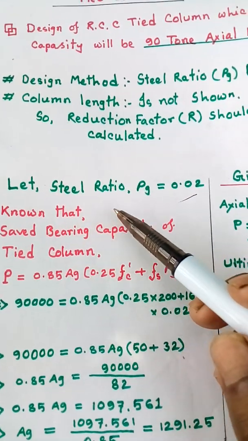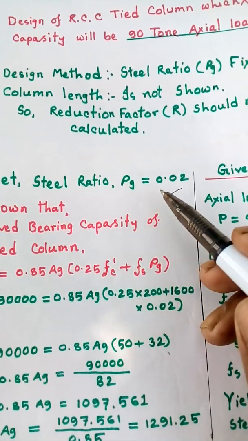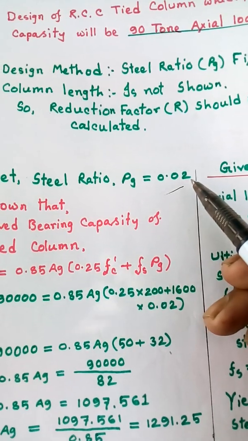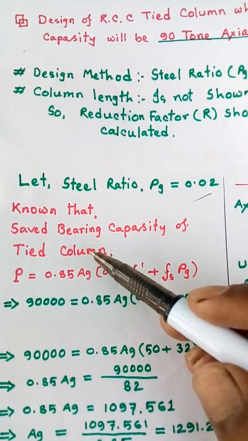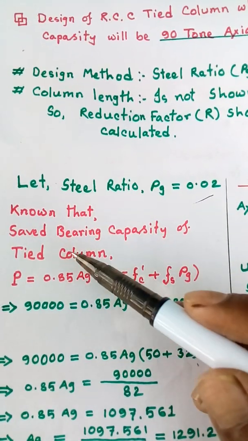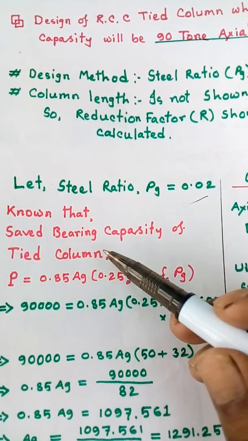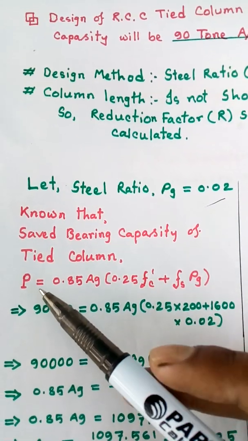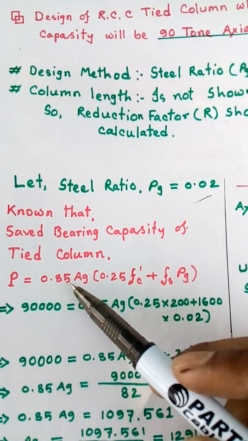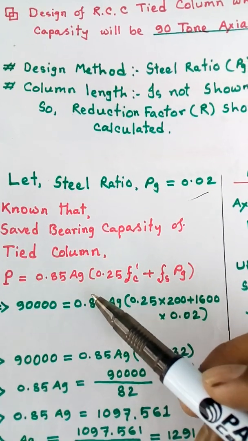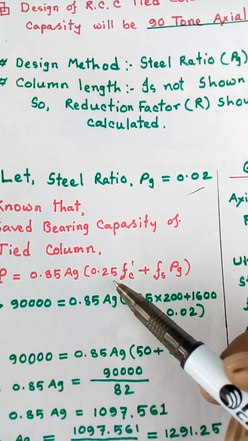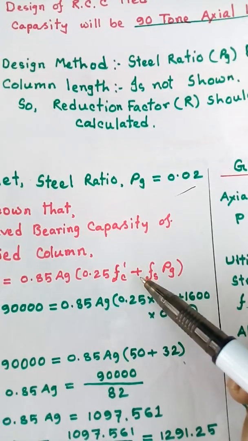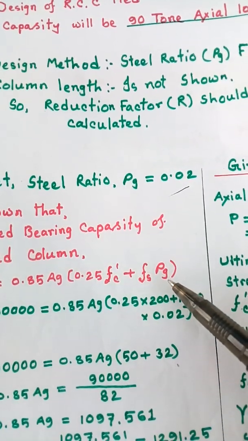So let the steel ratio rho g equal to 0.02. Known that the bearing capacity of tied column P equal to 0.85 Ag bracket 0.25 A prime C plus Fs rho g.